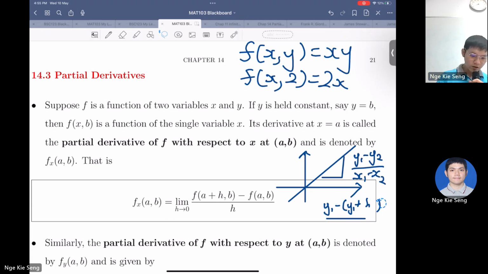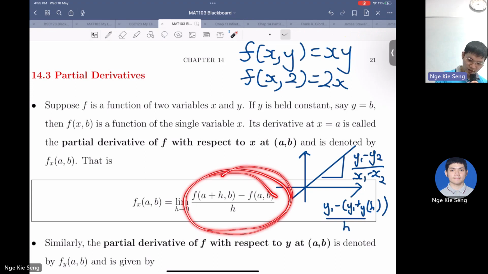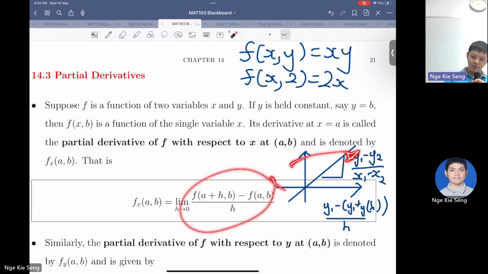So let's fix our distance as h, and then this h will depend on our y. That's why we can just study this version instead of y1 minus y2. You can also phrase this in terms of points.